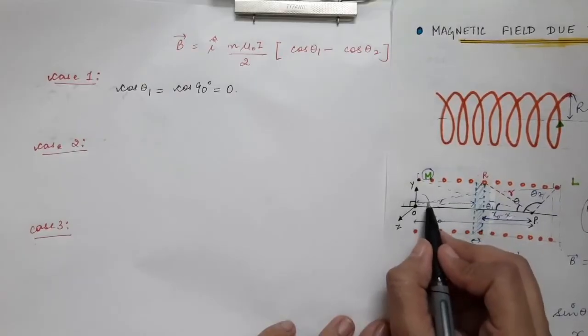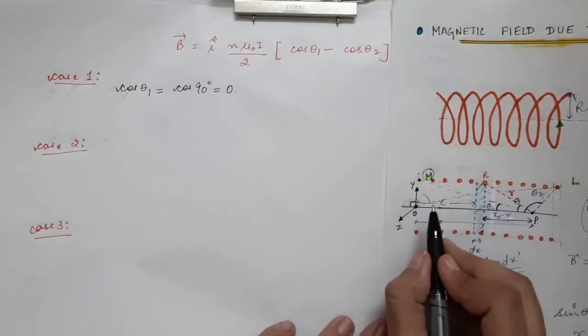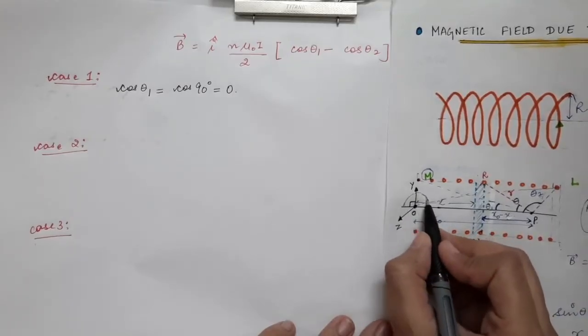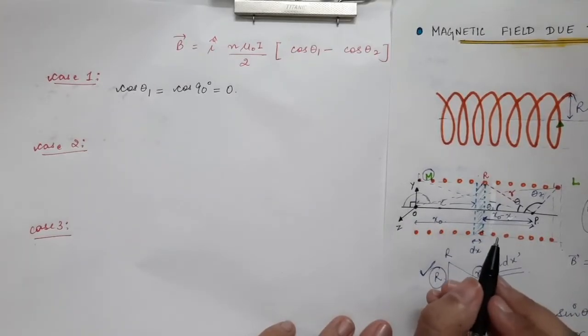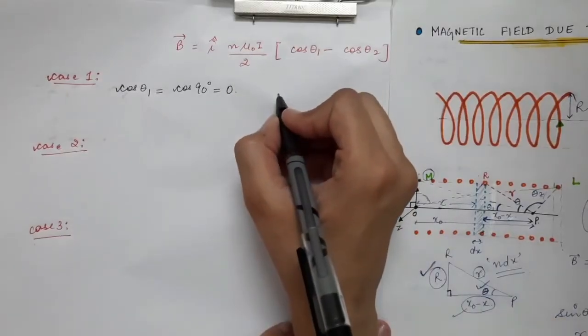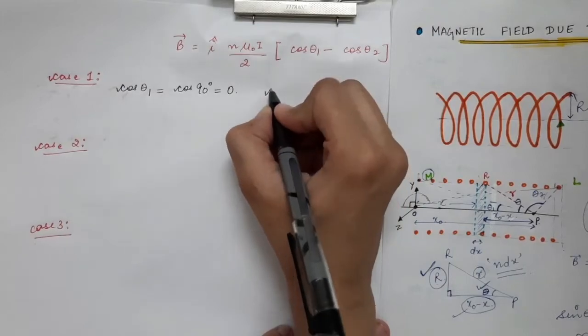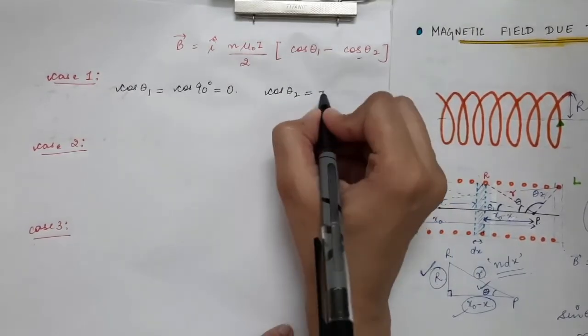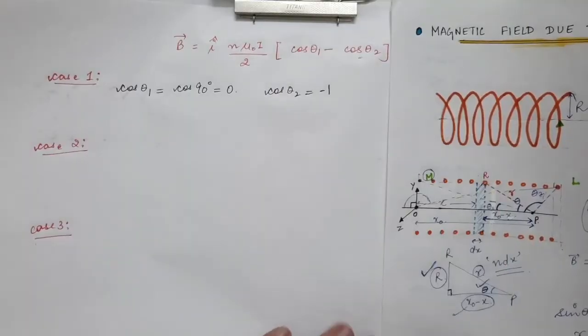But if we suppose that the solenoid is infinite, then theta 2 will approach 180 degrees. So what will be cos of theta 2? Cos of theta 2 will be equal to minus 1.